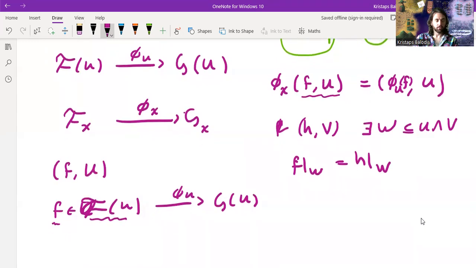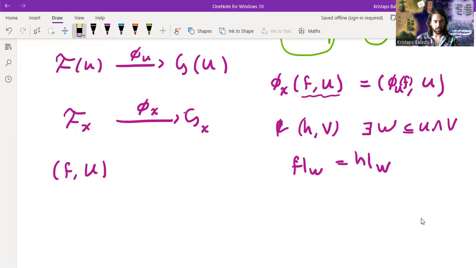So let me be more precise. That was a little confusing way of wording it. So if this is the case, right?